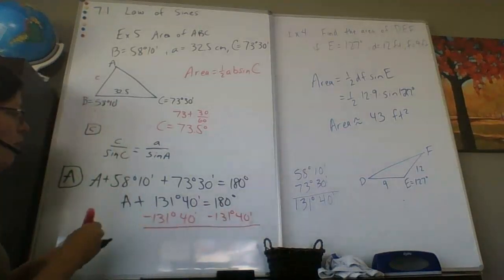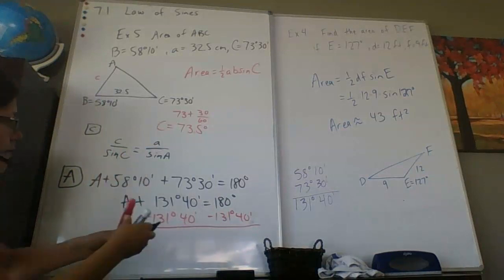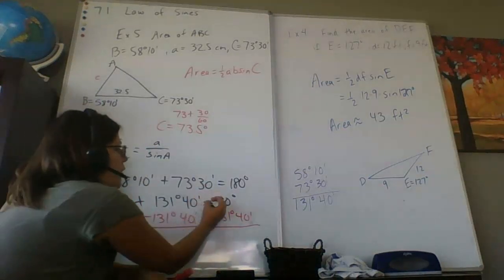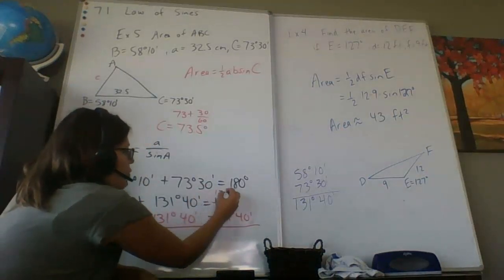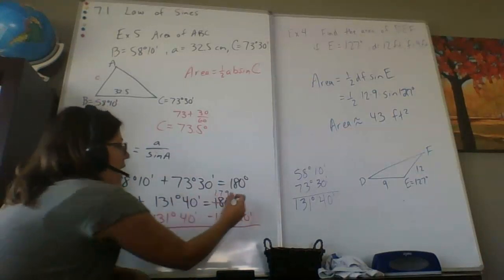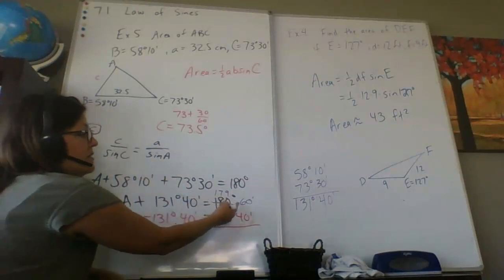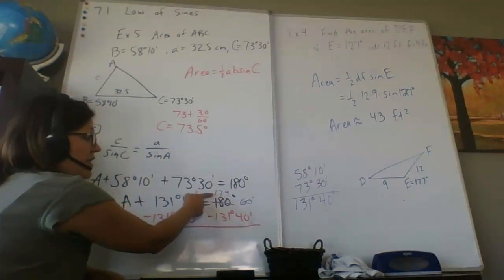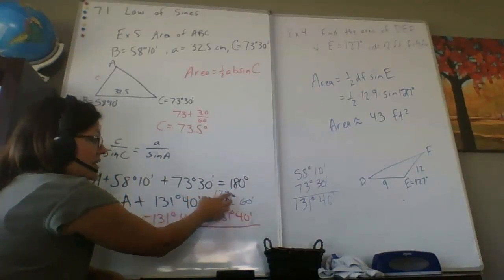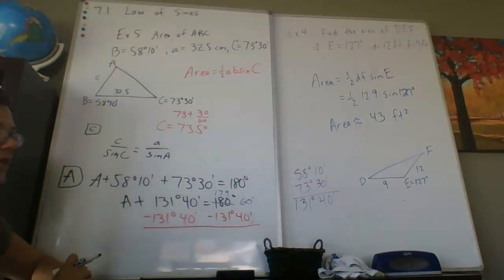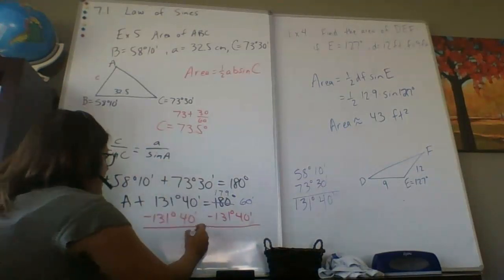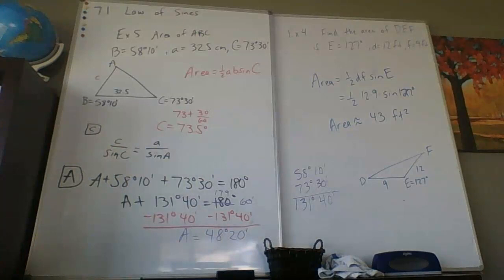Notice we don't have any minutes to take away from, so we're going to borrow 1 degree. Now we're left with 179 degrees and we just got 60 minutes. Remember, 1 degree is 60 minutes. So 179 degrees and 60 minutes is the same as 180 degrees. Now we subtract. So A equals 48 degrees and 20 minutes.